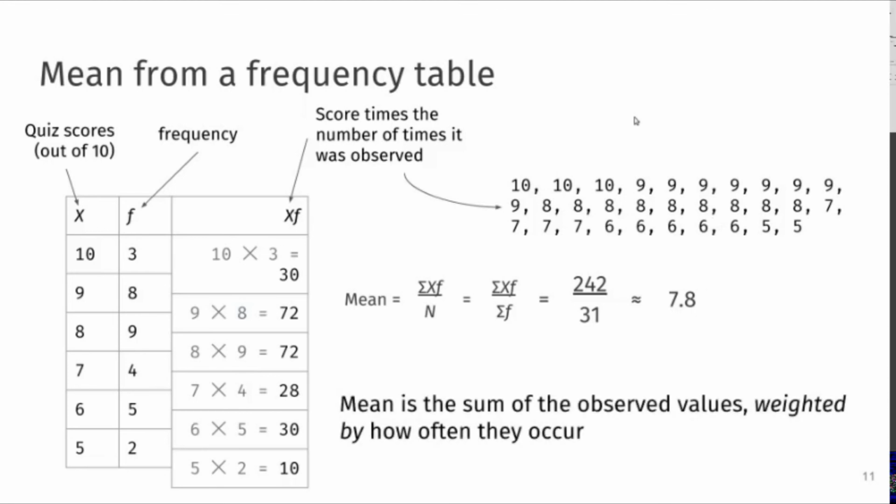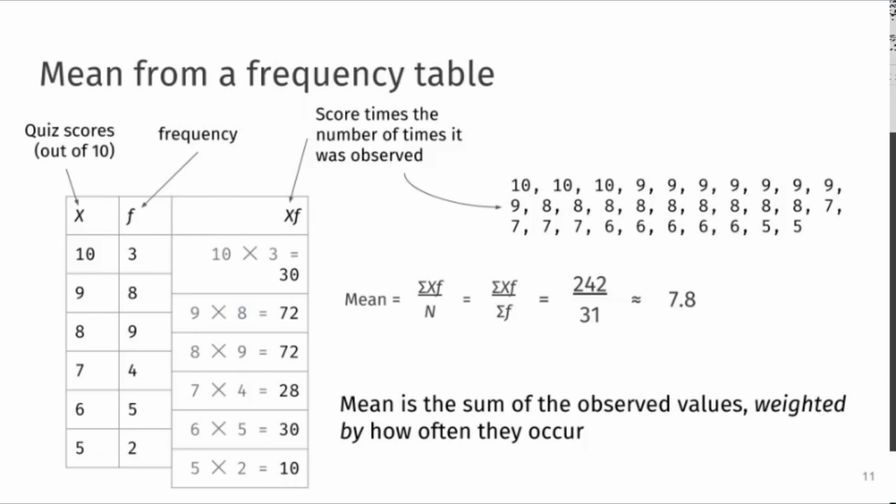Now, we can think of this as saying that the mean is the sum of the observed values, but they are weighted by how often they occur. So think about that.